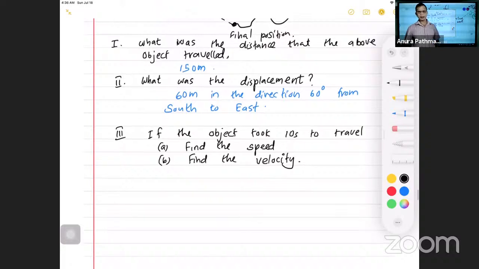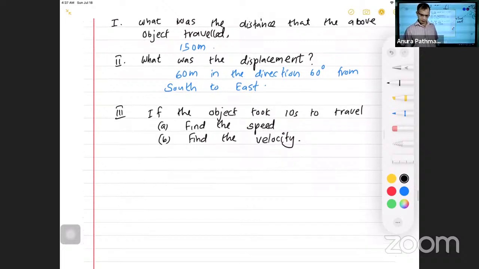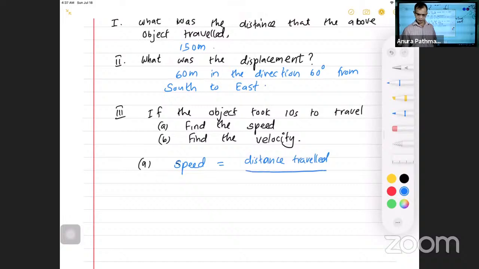Okay, find the speed. If the object took 10 seconds to travel the above distance, we want to find out the speed. Part A: speed equals distance traveled divided by the time taken.